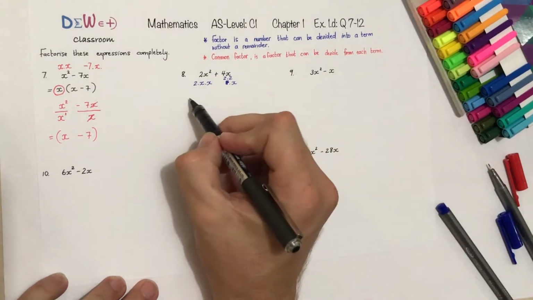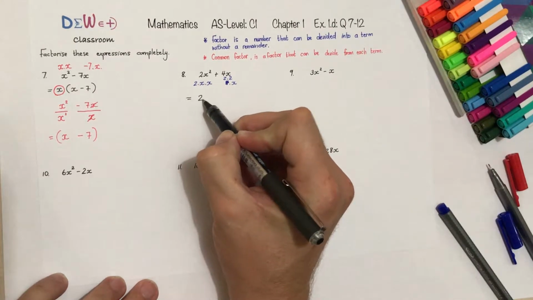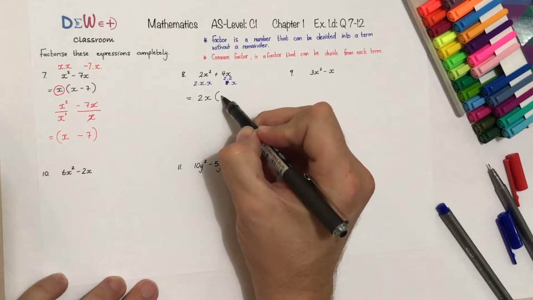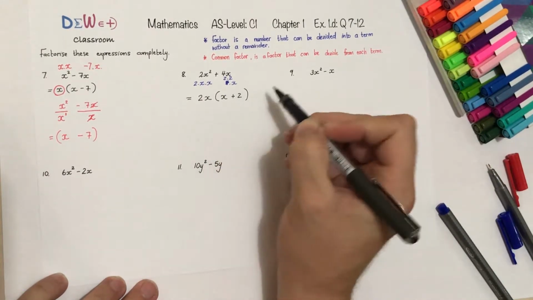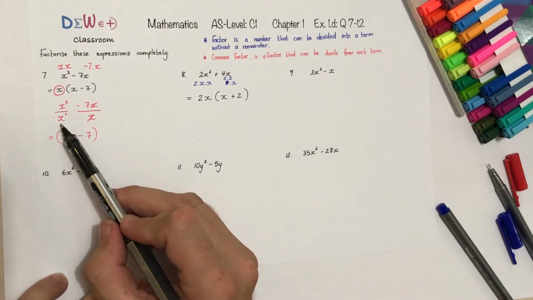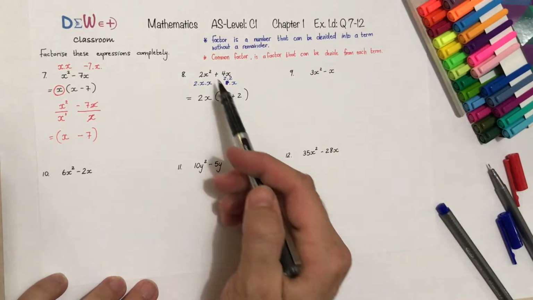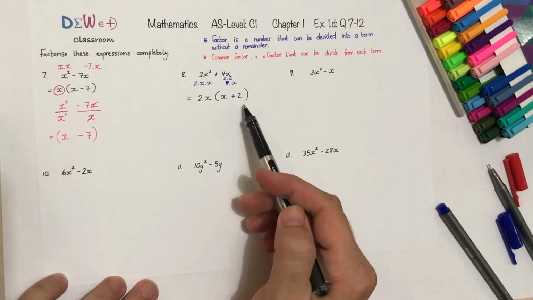So very, very easy. We can take out a 2 from each term, and we can take an x from each term. We will then be left with an x and a plus 2. Please remember, the common factor that is taken out can be divided into each of these two terms, and you should get this as your remainder.